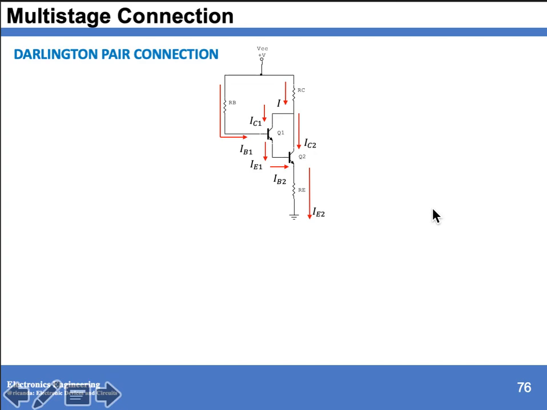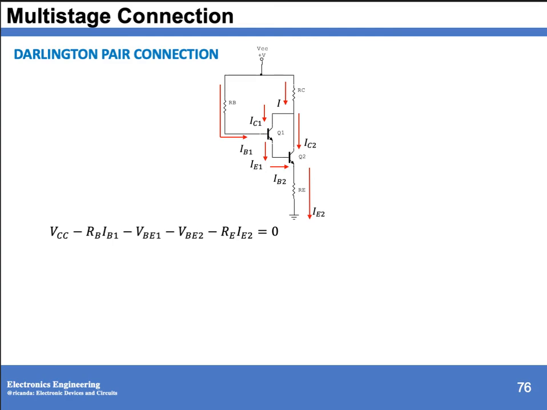So at the input side, we get the equation using your KVL. So we have VCC minus RB IB1 minus voltage base emitter 1 minus voltage base emitter 2, then minus RE IE2 equals 0.